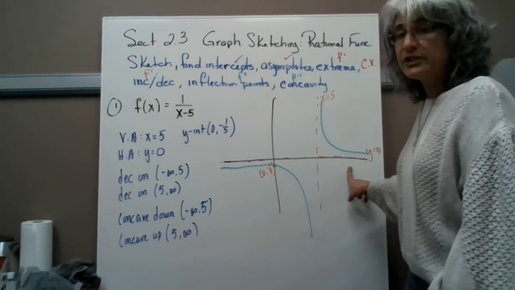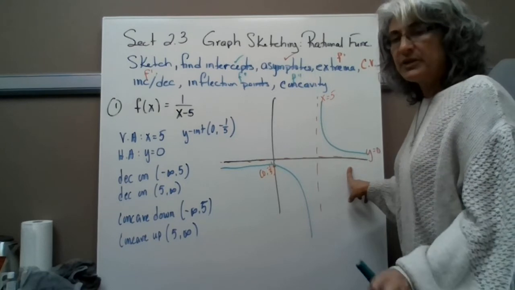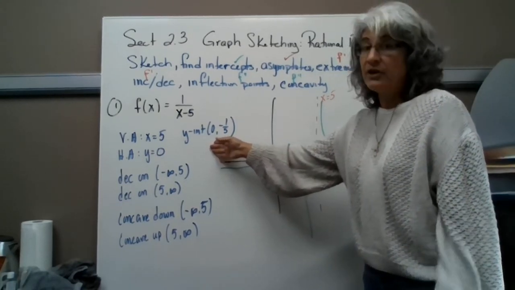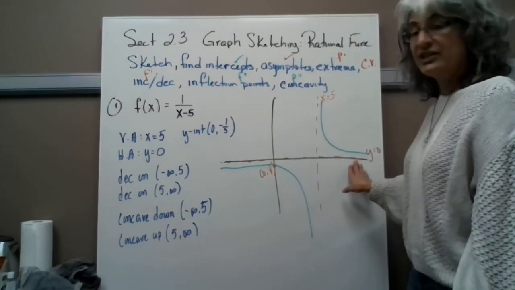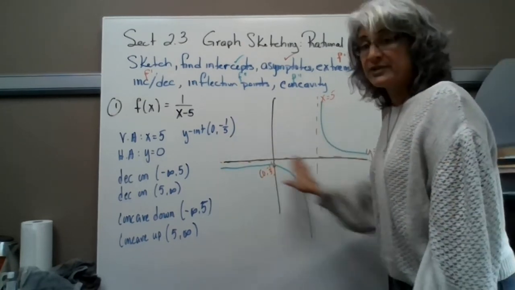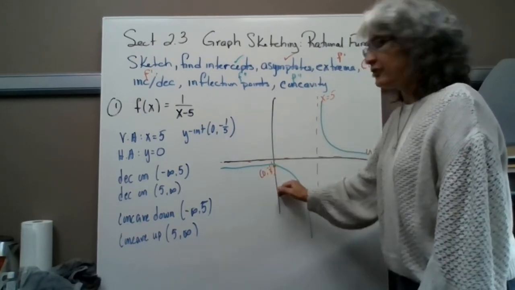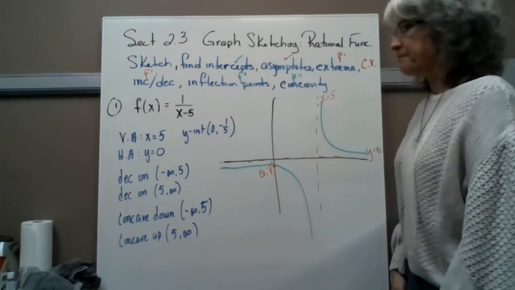You know it could, because the horizontal asymptote is allowed to be crossed. But let me ask you this. Did I have any x-intercepts? No. So if I had no x-intercept, there's no way that this graph could have touched the x-axis on either side, which is another reason why over here it started below the x-axis and over here it's above the x-axis.